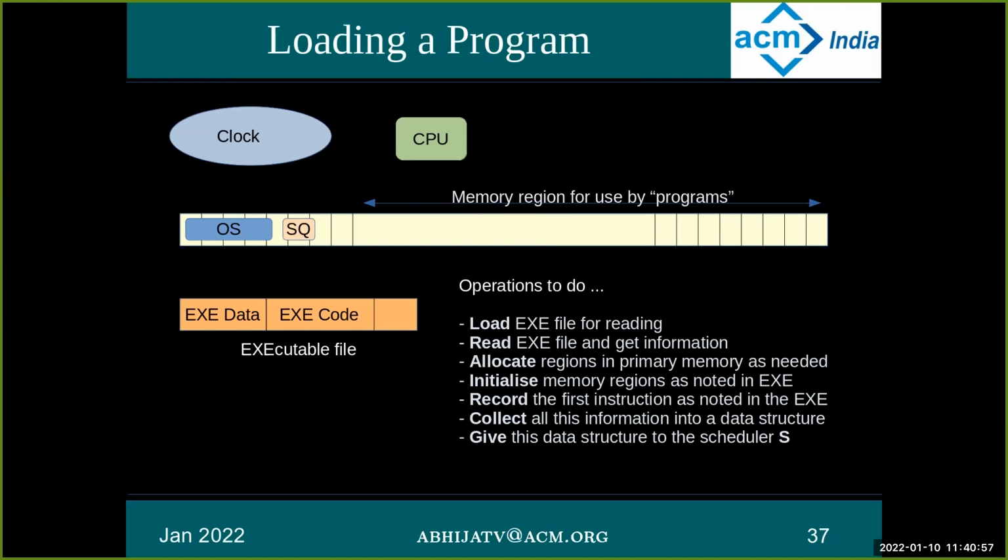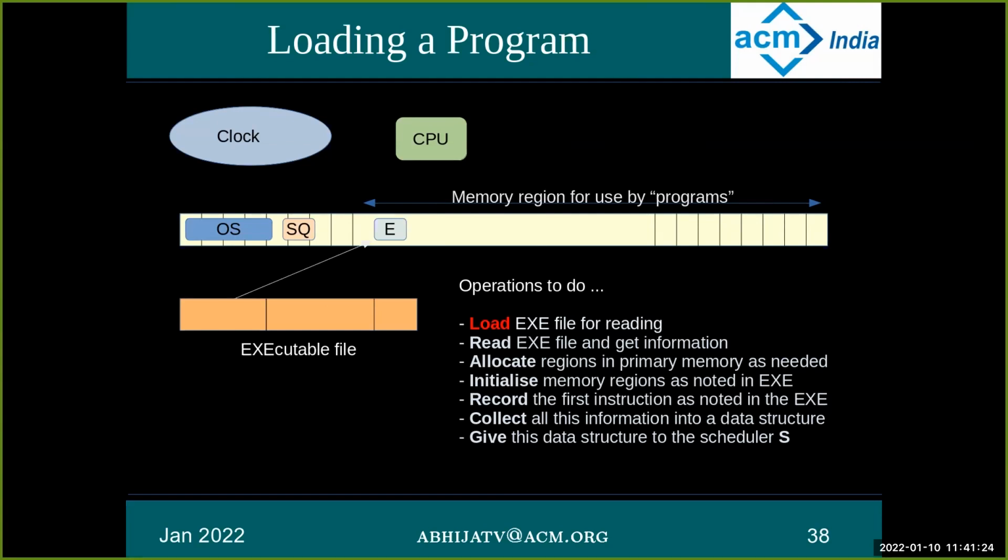Real operating systems use multiple levels of scheduling, but that's a separate part. Okay. You also see the executable file in terms of a set of bytes, the executable data, executable code, and maybe other parts also. Okay. So first of all, it loads the executable file for reading.